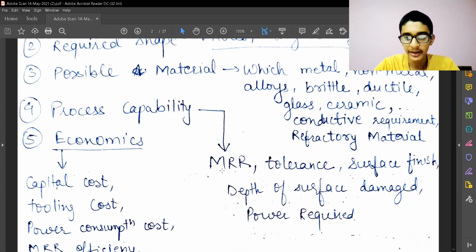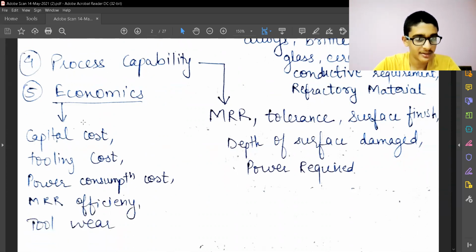So if heat is being imparted, heat treatment is happening. The nearby material to the feature which I am making can get damaged because of the heat I'm imparting on it. So that can damage my surface. So one of the parameters can be the depth from the surface up to which the material is damaged. Then one can be power required again.